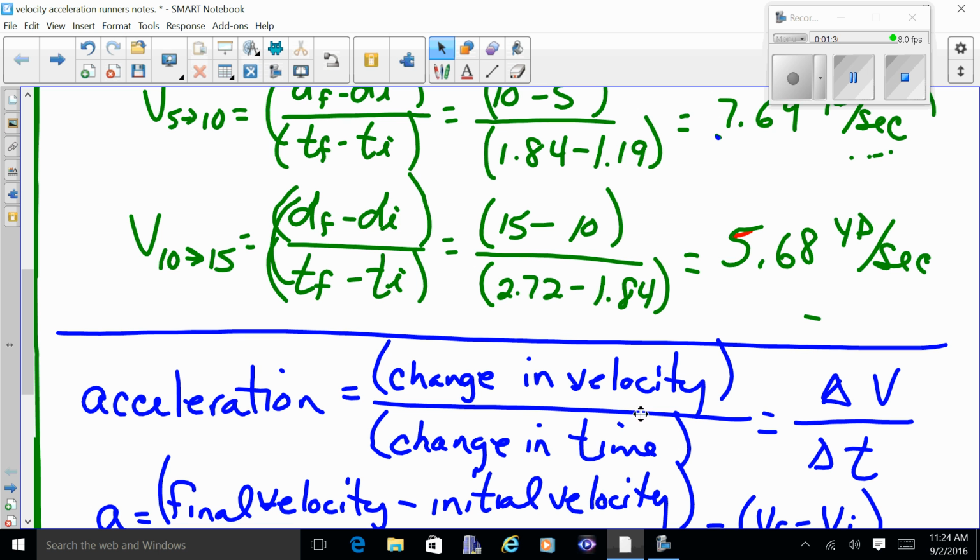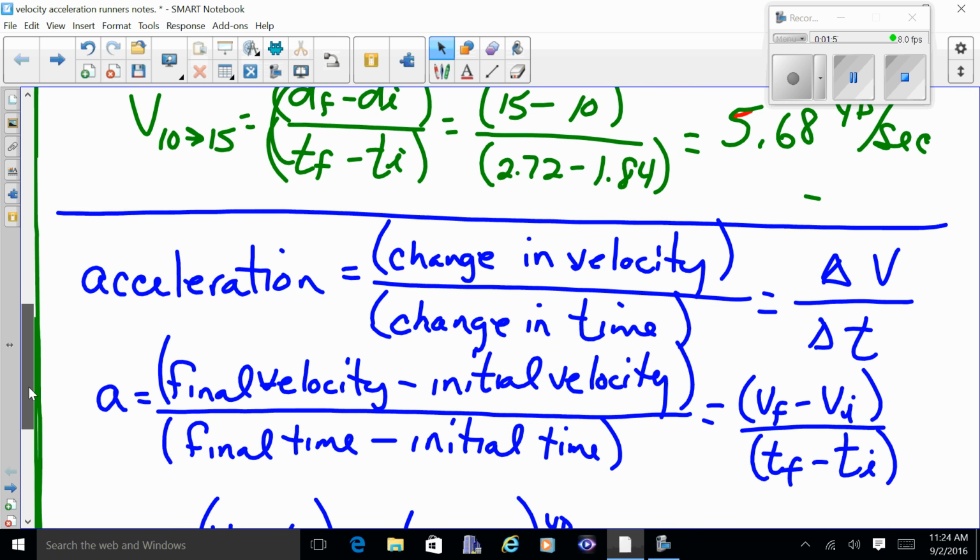Feel free to stop this video at any time if you need to get the notes. I'm going to take delta V, which means change in velocity, that little triangle means change in, divided by change in time, so delta T. To write that out the long way, change in velocity is the same thing as the final velocity minus the initial velocity.